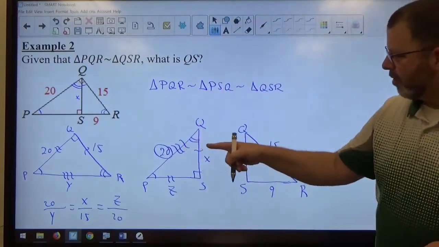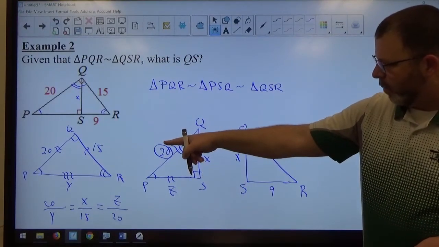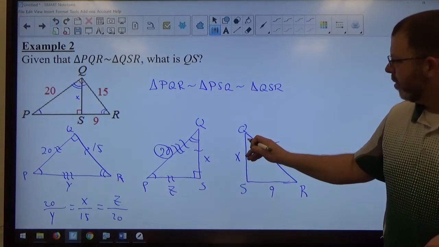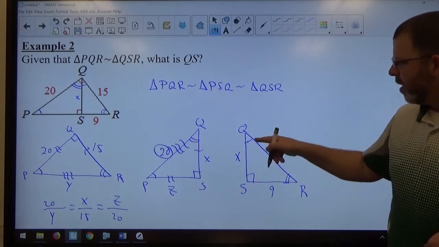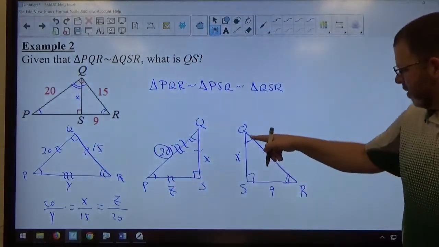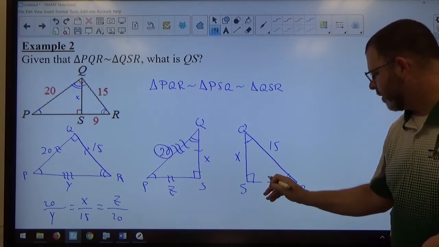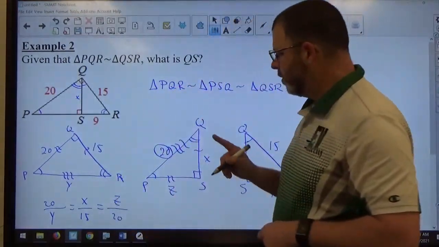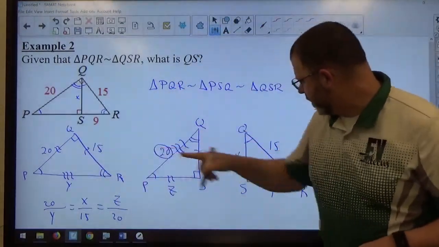Looking at the main triangle, 15 is opposite the angle with 1 arc, and that's angle Q, right? Q has 1, R has 2, S is the right angle. So 1 arc opposite 15, 1 arc opposite 9. Those sides should correspond to one another. And 2 marks opposite R, 2 marks like that.